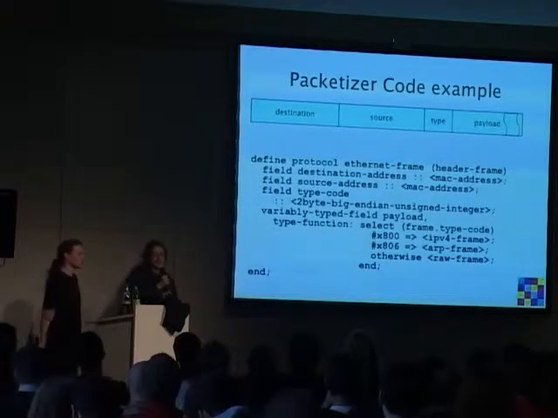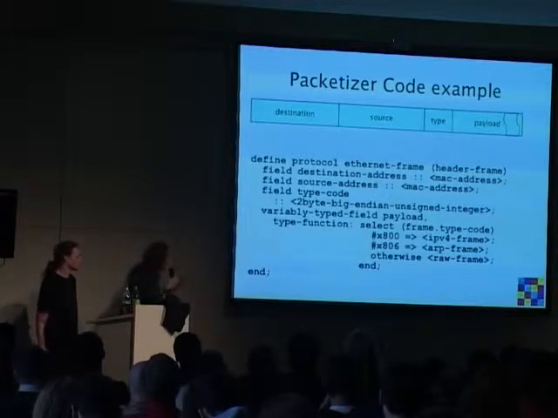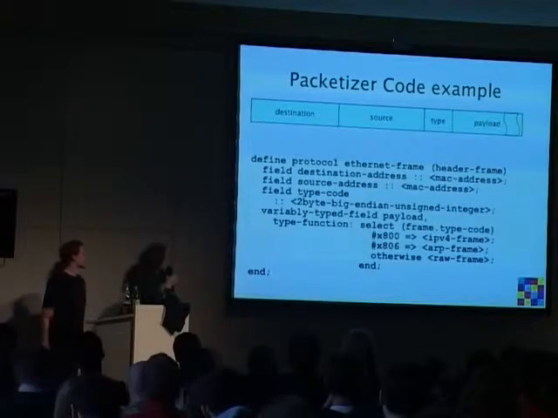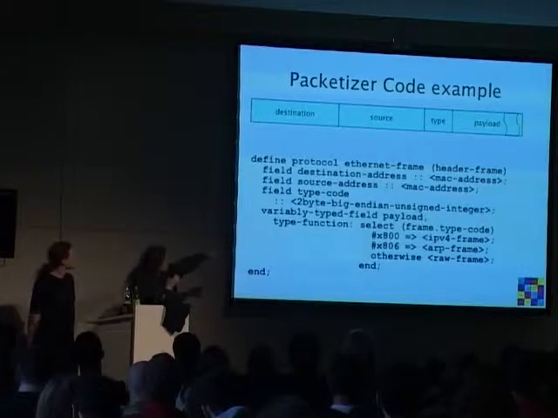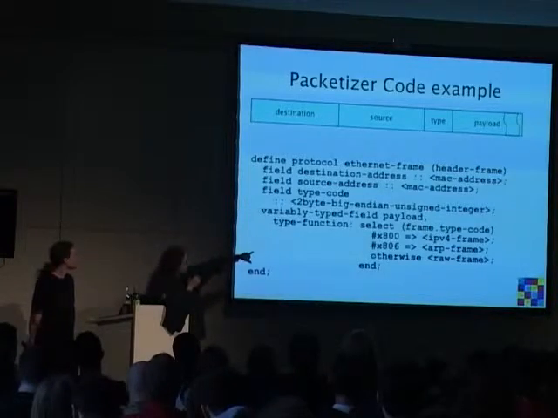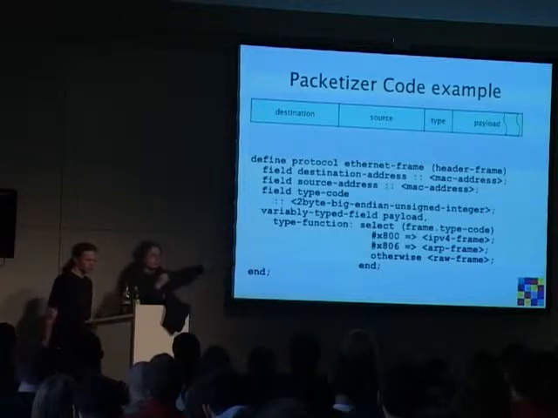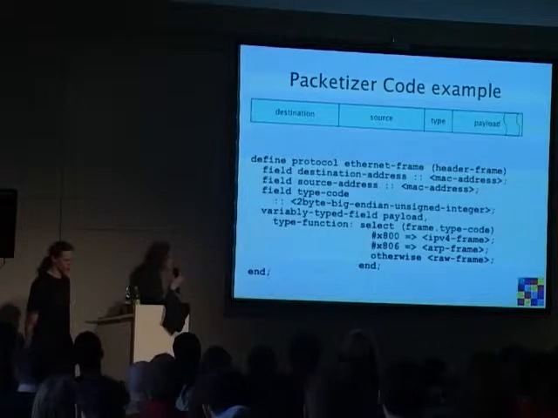One could say that you can add new rules to the grammar from your user code, and that's what we do here. So define protocol doesn't exist at all. We wrote it, but some of the stuff we write there, like the type function colon, that's actually a Dylan expression. So we are able to reuse Dylan expressions in our description languages at places where we need the dynamic features.